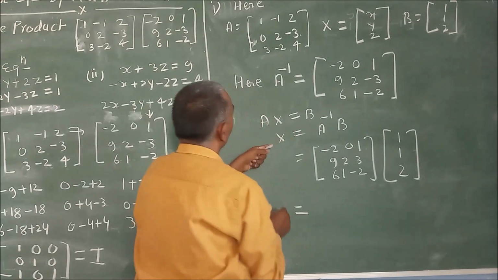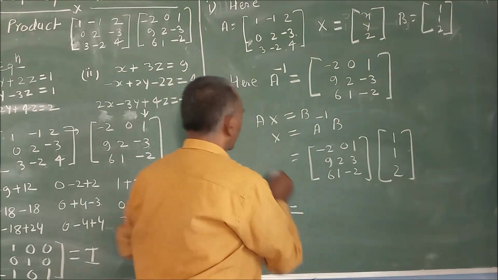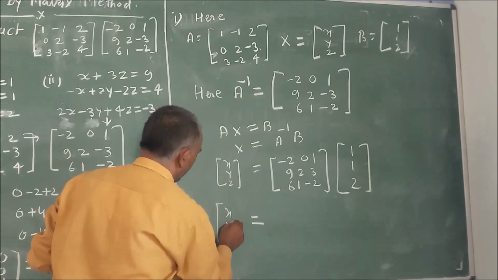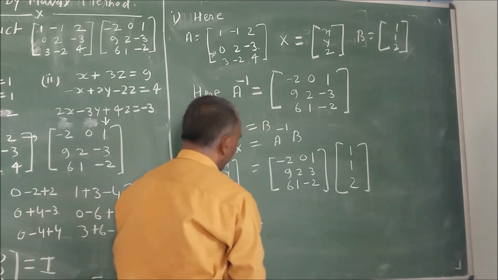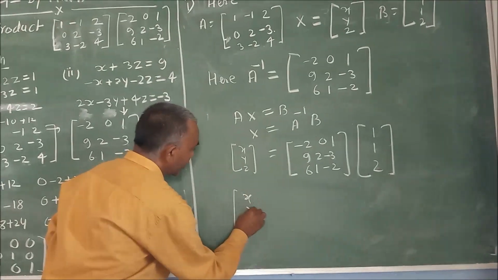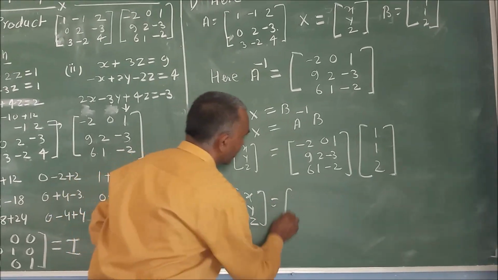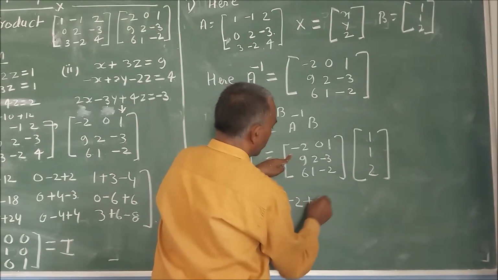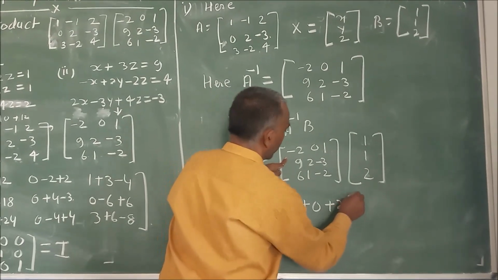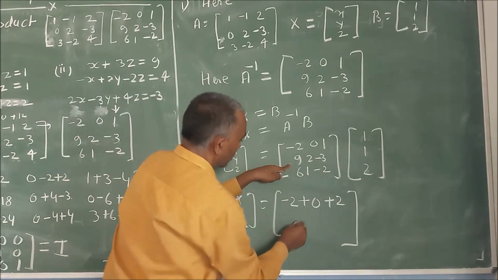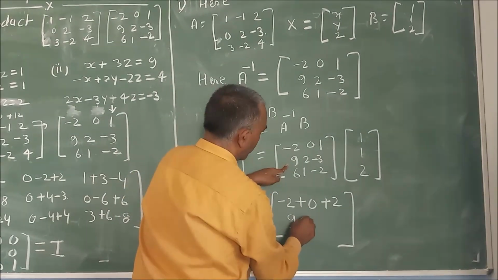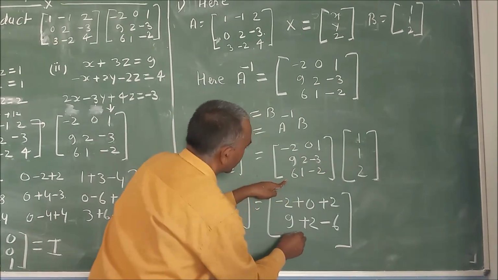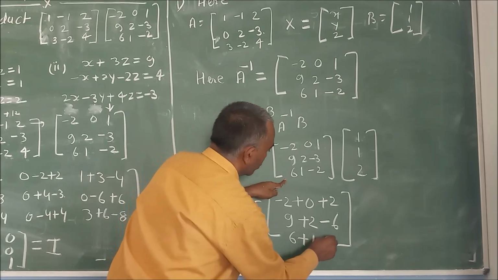This will equal x, y, z. So we can write x, y, z is equal to, multiply these two. This can be written as minus 2 into 1 minus 2, 0 into 1 plus 0, 1 into 2 plus 2, and 9 into 1 9, 2 into 2 plus 2, 3 into 2 minus 6, and 6 into 1 6, 1 into 1 1, 2 into 2 4.